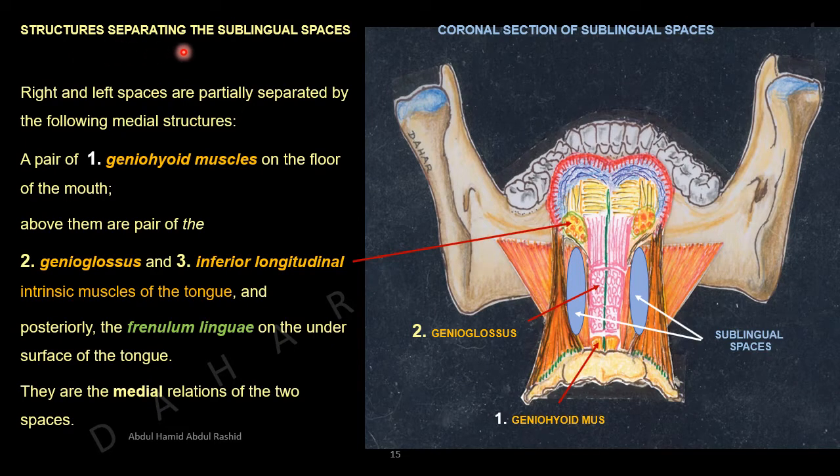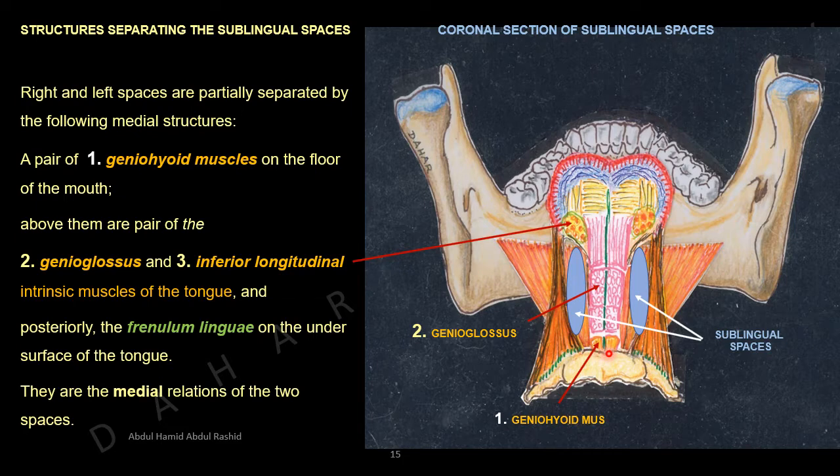Structures separating the sublingual spaces. This is the coronal section. These two are the sublingual spaces. This is the hyoid bone and this is the mandible. The first thing here, number one, is the geniohyoid muscle. The muscle arises from the inferior pair of mental spines.